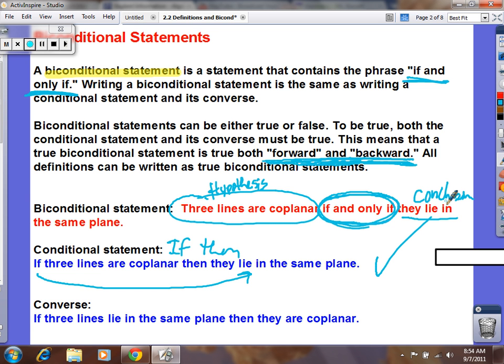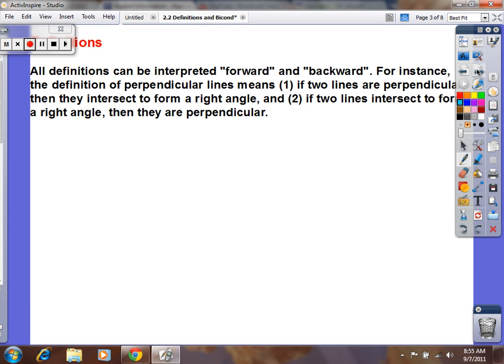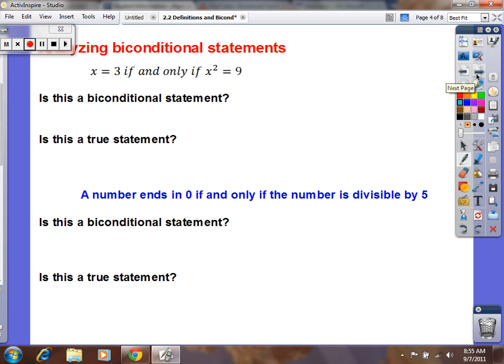If three lines lie in the same plane, then they are coplanar. Is that true? It is. So that means this is a true biconditional statement. If you can argue it forwards and backwards, it's legit. It's just talking about forwards and backwards.